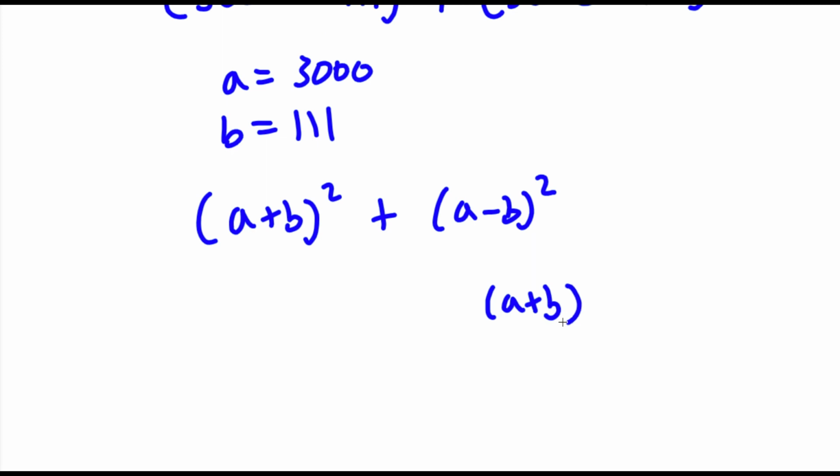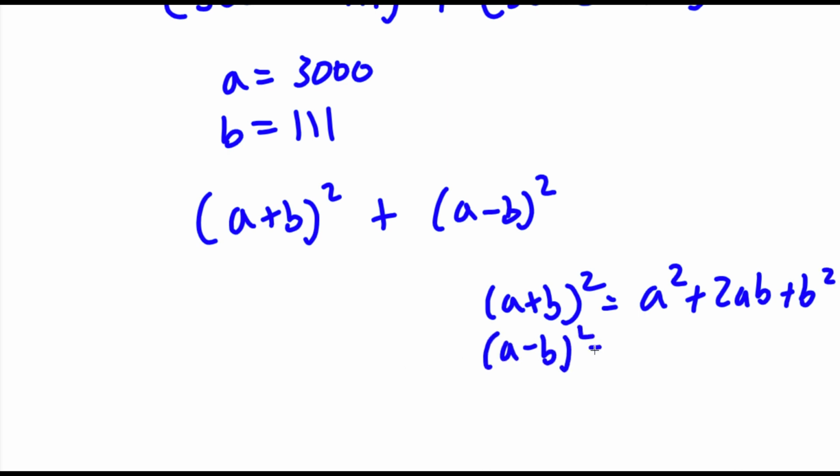Now A plus B squared is equal to A squared plus 2AB plus B squared. And A minus B squared is equal to A squared minus 2AB plus B squared.